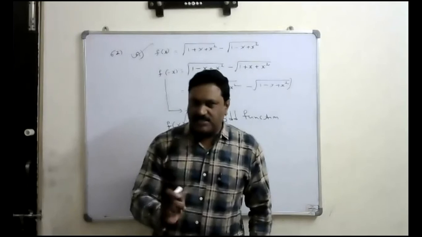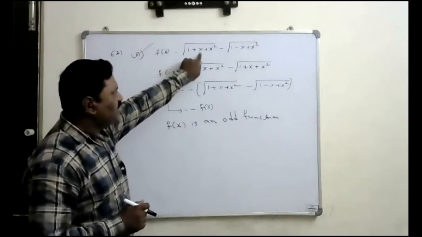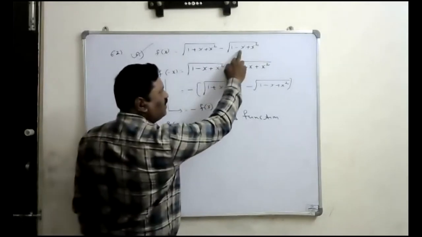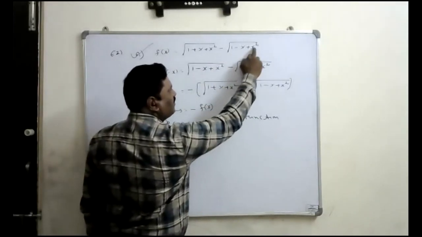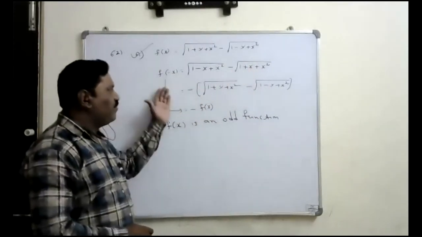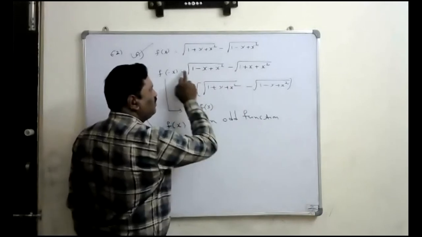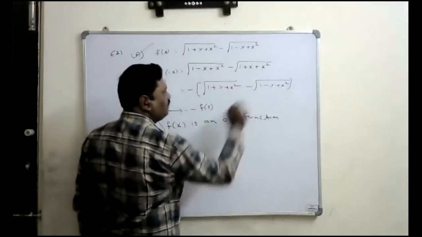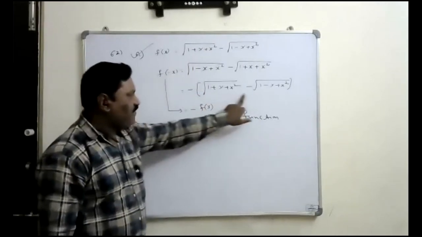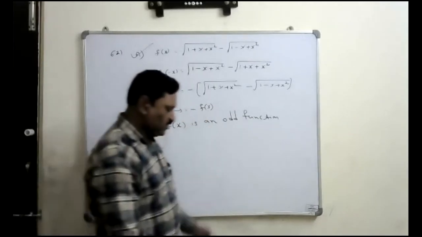So replace x by minus x: 1 minus x plus minus x whole square, which is x square, minus, and here replacing 1 plus x gives minus x whole square plus x square. Okay, this is the function we get. Now take minus common from both: plus of this, and minus of this. Now see, that is the given function again, meaning you got minus f of x. So f of minus x equals minus f of x, and this is called an odd function. That's all.